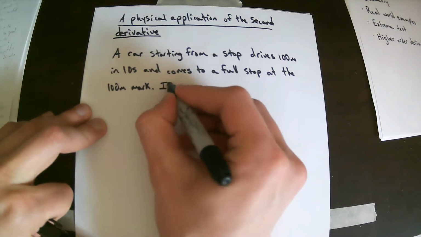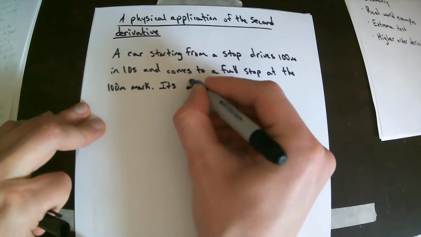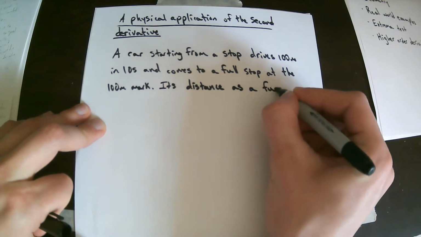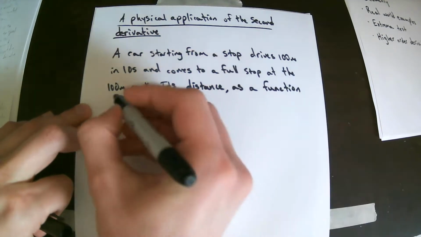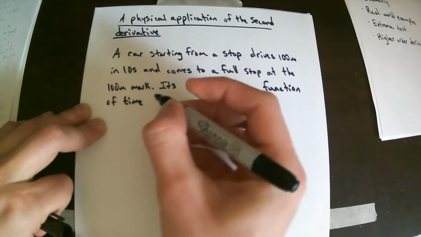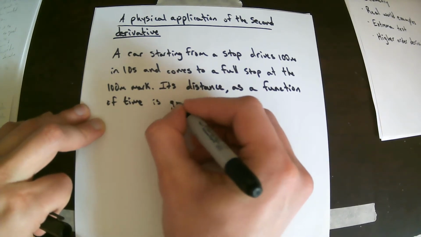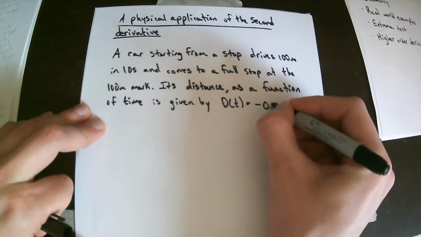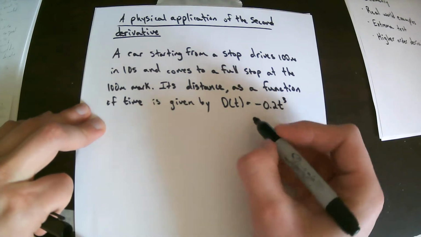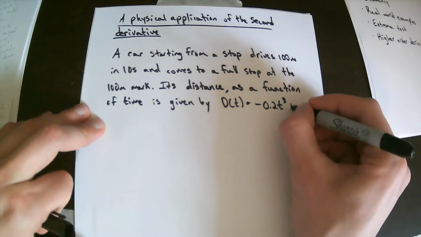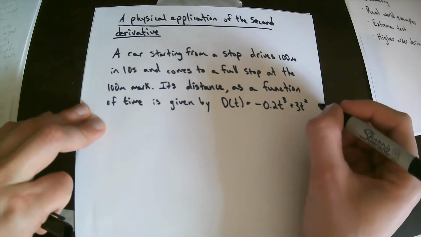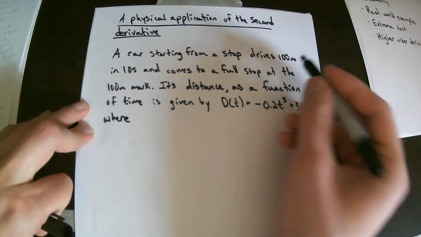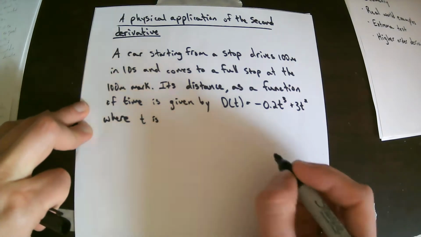Its distance is a function of time. Its distance as a function of time is given by capital D of t equals negative 0.2 t cubed plus 3t squared, where D of t is measuring distance in meters and t is obviously in seconds.